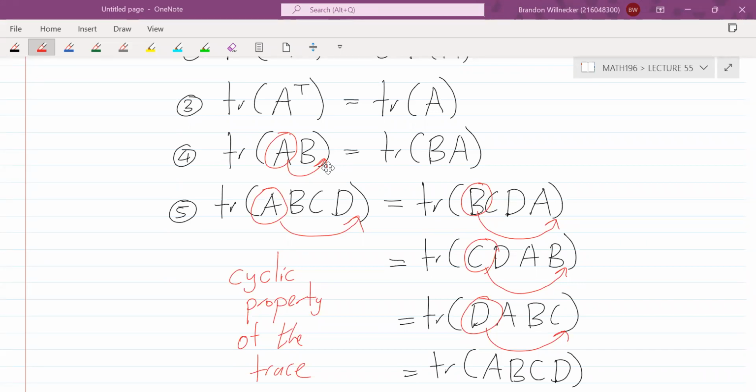Okay, let's have a look at the next function of matrices, and that is the determinant.